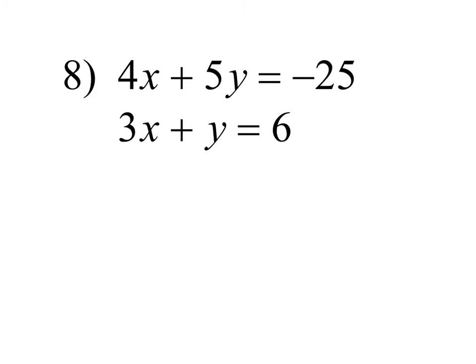Well, we want one of them to cancel out. We can either cancel out our x's or cancel out our y's. Then y. So we have a 5y, positive 5y. We want this one to become a negative 5y. So what do we need to do to it to make it a negative 5y?